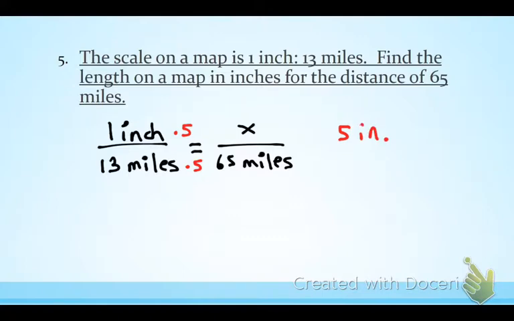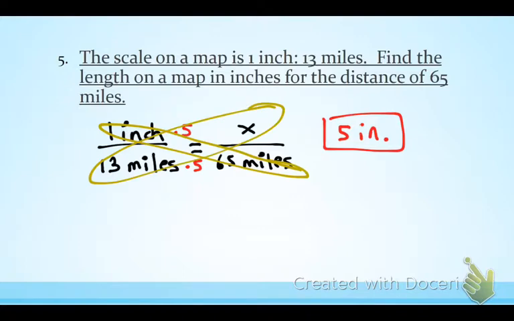How many of you would say you did it a different way than that? Mason, how'd you do it? I did the cross way. Okay, the cross way. So let's do the cross way together to see if we can get the correct answer. 1 times 65 equals 13 times x.